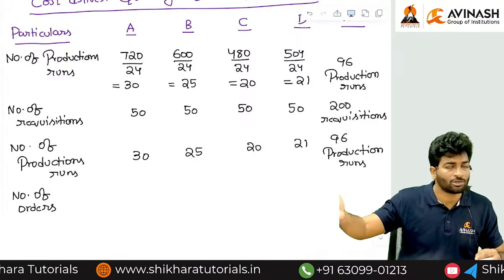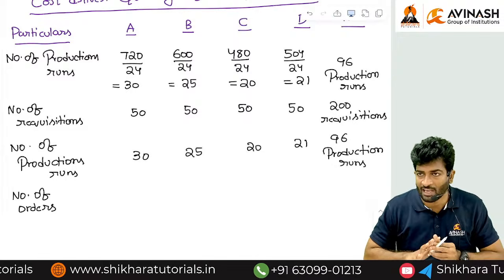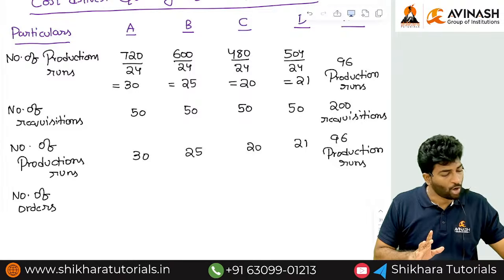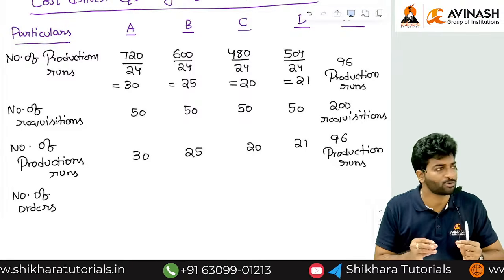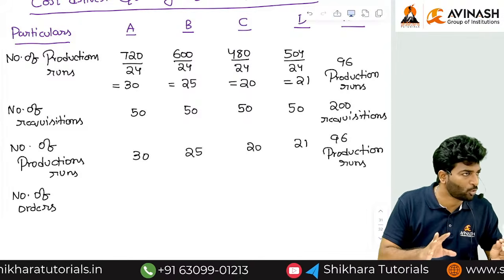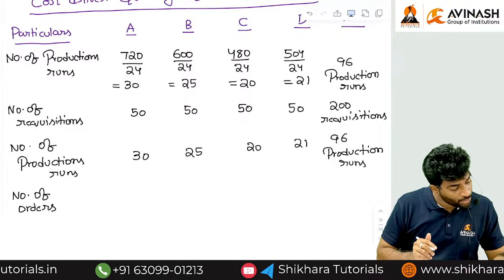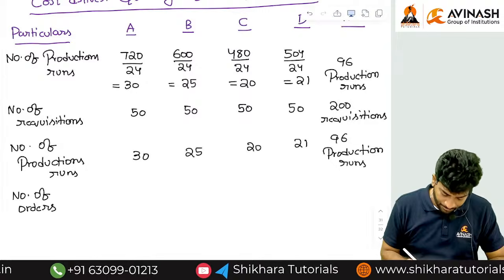So based on the orders placed, we are going to sell in batches. Here we don't have any closing stock information, meaning whatever you are producing, you are selling the entire quantity. Production equal to sales. So 720 divided by 12 will give you the number of batches.